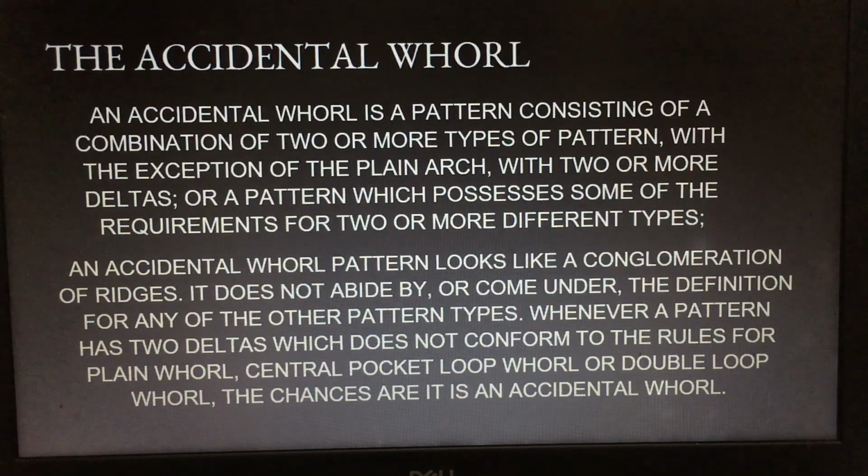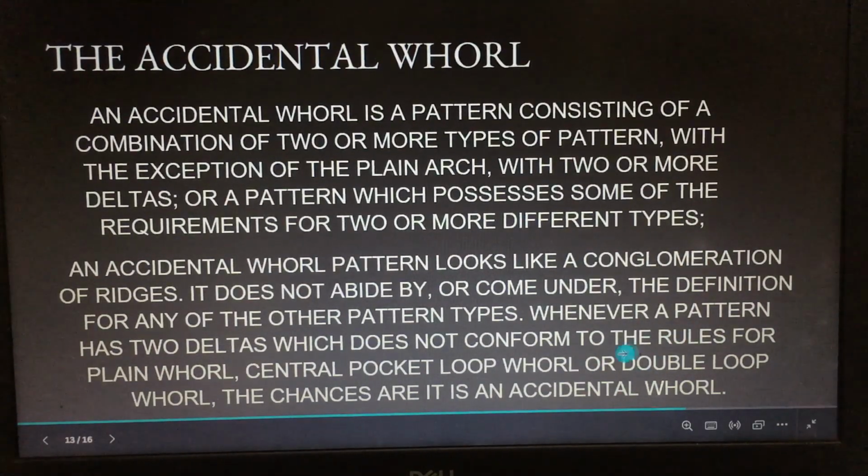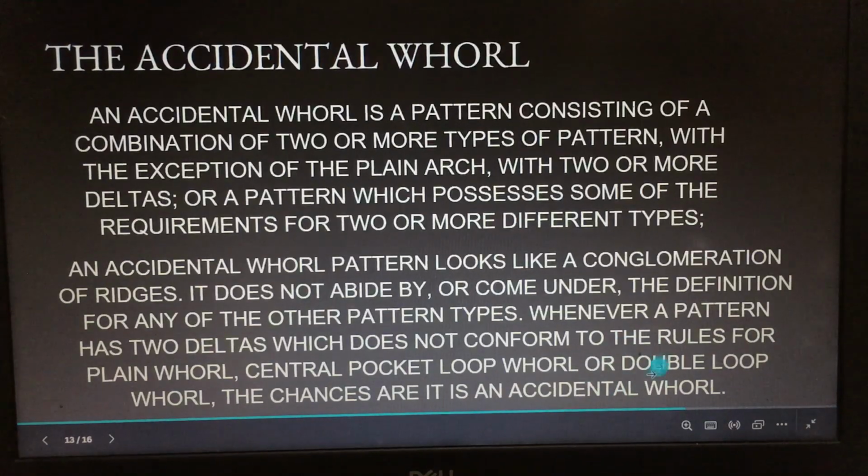Whenever a pattern has two deltas which does not conform to the rules for plane whirl, central pocket loop whirl, or double loop whirl, the chances are it is an accidental whirl. So here are the key points, the keywords.